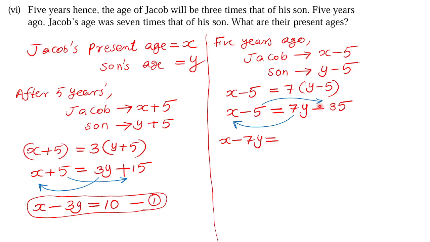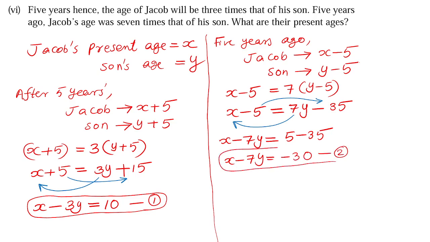Minus 5 going to the other side becomes plus 5. Is it correct? X minus 7y is equal to minus 30. Two equations I got. From equation 1 and 2, I have to find the values of x and y.